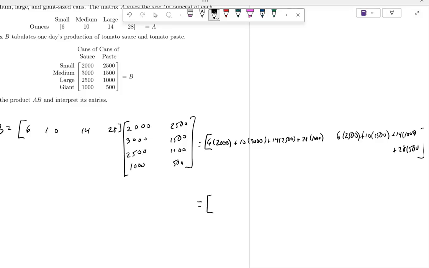I don't feel like doing that in my head, so let's see how the calculator does. Do you want to get a value yet? 105,000.